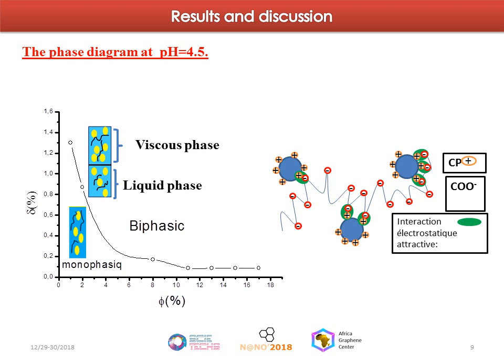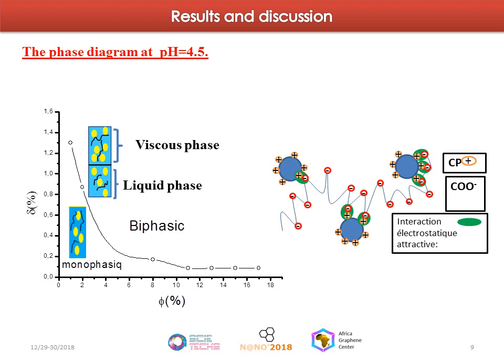So for low charge addition, the solutions are monophasic and transparent over the whole range of droplet concentration. After increasing the number of charges per drop, one observes an associative phase separation similar to the one described above. A clear dilute phase coexists with a more concentrated and viscous phase containing almost all droplets and PAA.